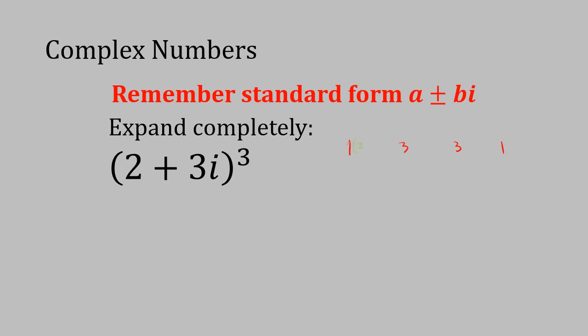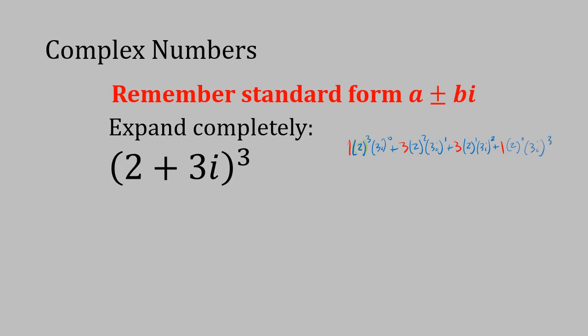We're going to have 2 cubed, and then 3i to the 0th, plus 2 squared times 3i to the first, plus 2 to the first times 3i squared, plus 2 to the 0th times 3i to the third.